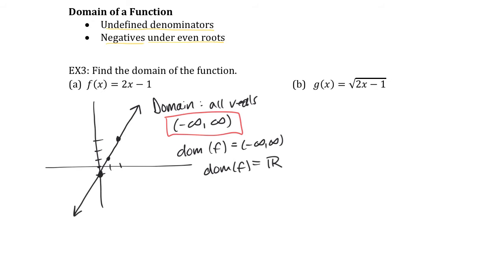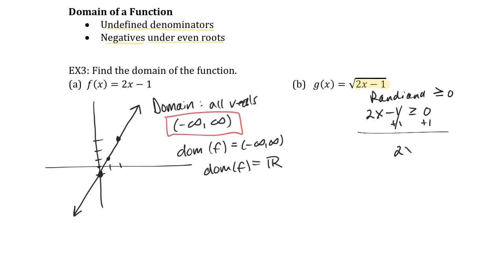Okay, now in this one, there's going to be some restrictions because we don't want to take a square root of a negative number. So what we do to make sure that doesn't happen is we take the radicand, whatever you're taking the square root of. It can be 0, that's fine, or anything bigger. So it can be 0 or positive. So we just take whatever's under that square root, that radicand, and set it greater than or equal to 0, and then just solve that inequality.